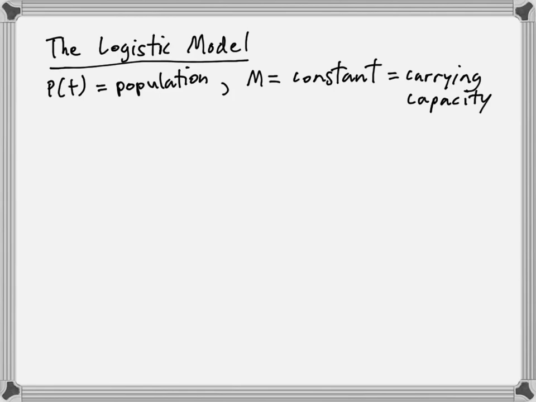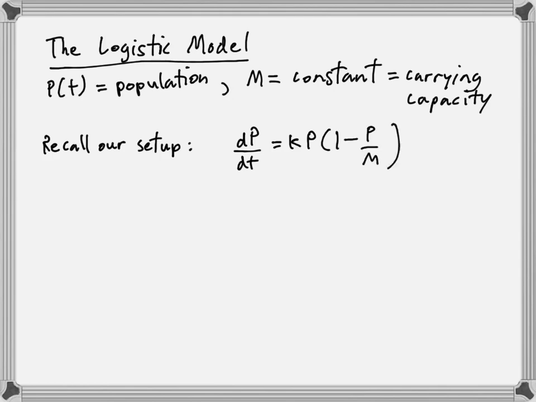Okay? So recall our setup. The differential equation was that dP over dt is equal to kP times 1 minus P over M.